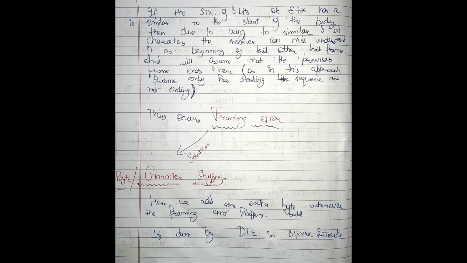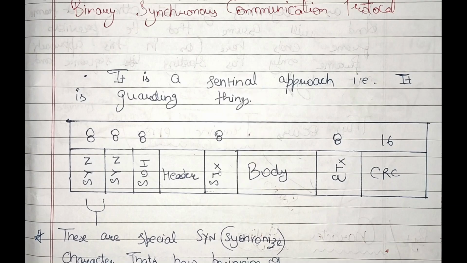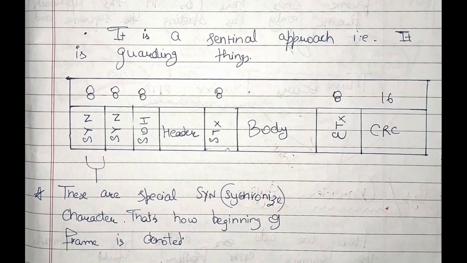Now what does this mean? Suppose I showed you the frame here. There is an STX here. Now suppose a similar character appears at the start of the body. The body starts from here and ends here. Suppose this same 8-bit character appears here. The receiver will now interpret it as two synchronous characters, two same bytes, appearing here.